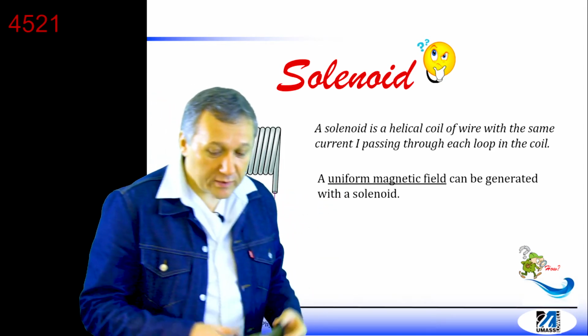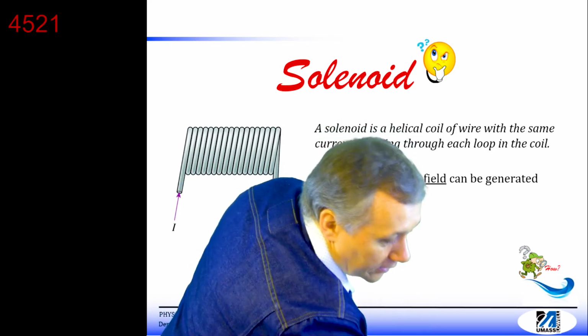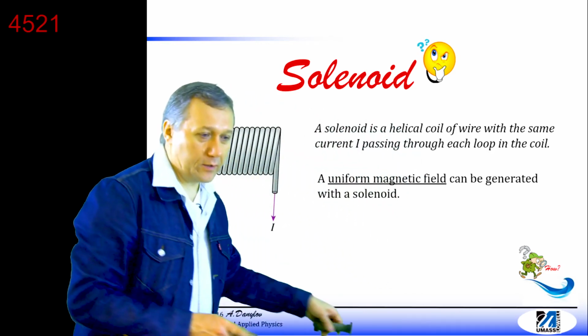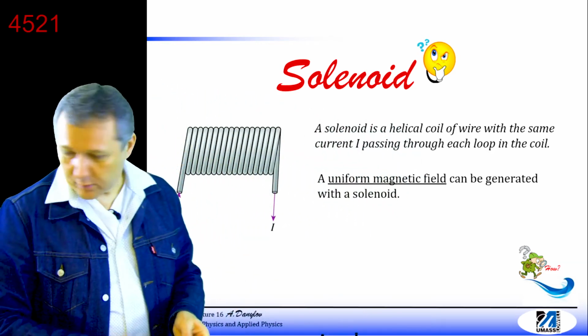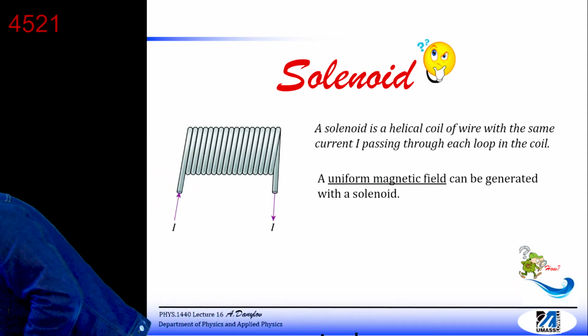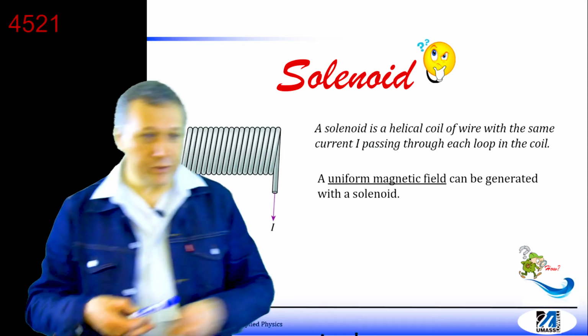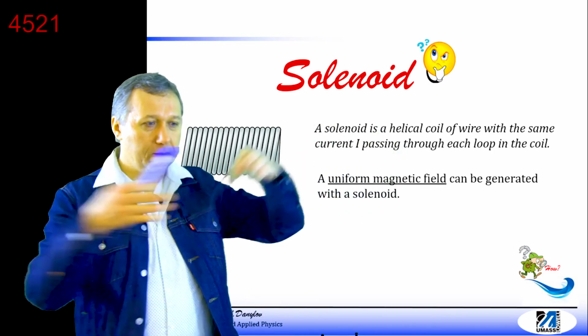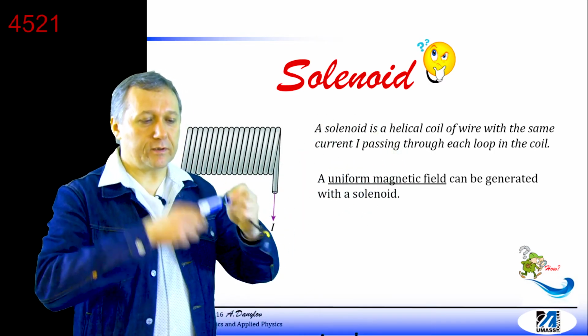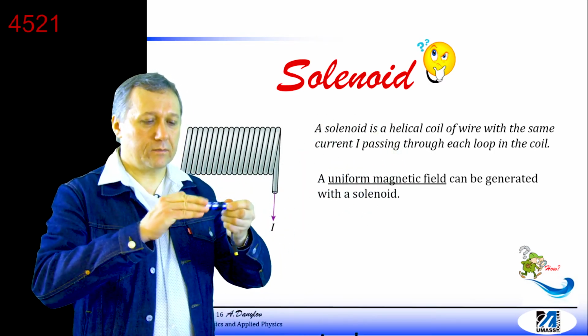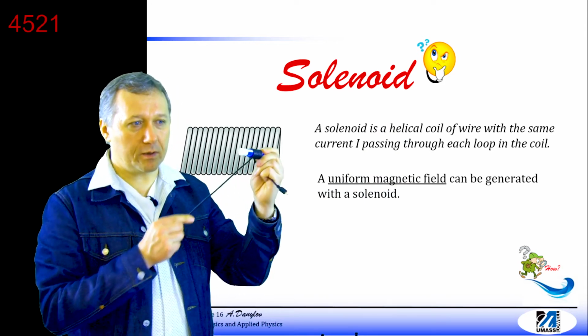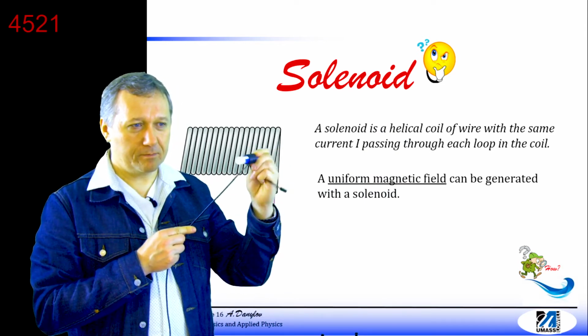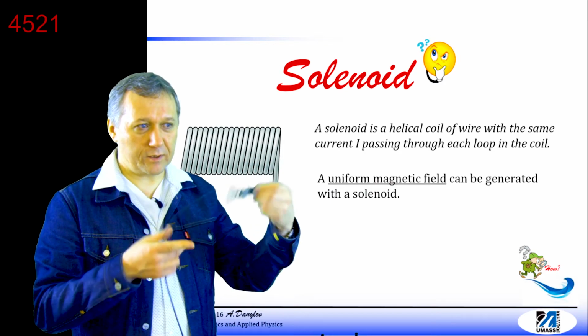And what is a solenoid effectively? It's just a helical coil. If you take a wire and wrap it around a cylindrical surface, you get a solenoid, a helical coil.